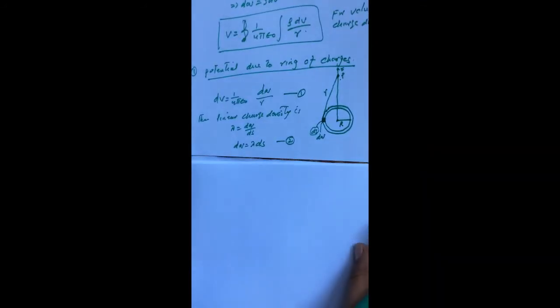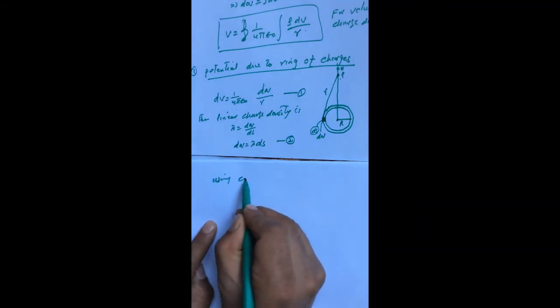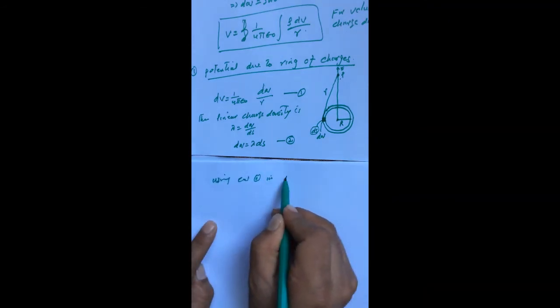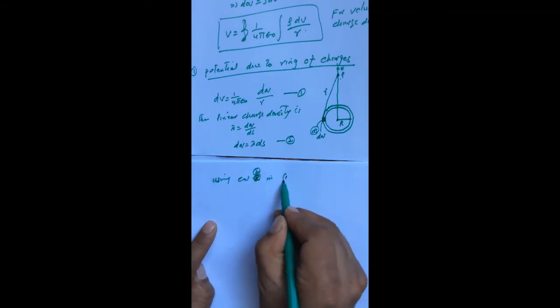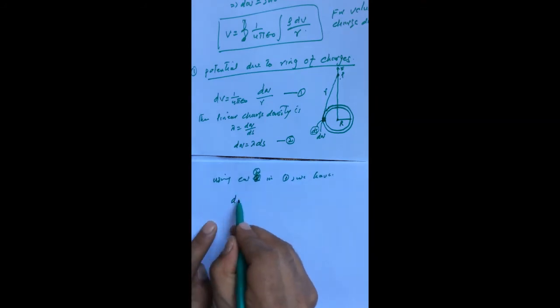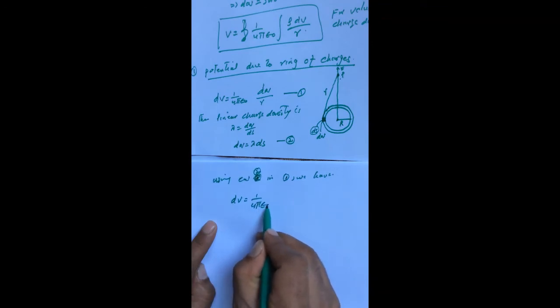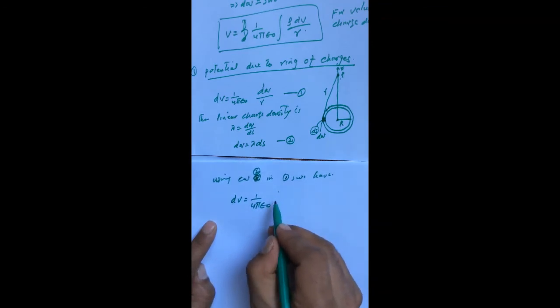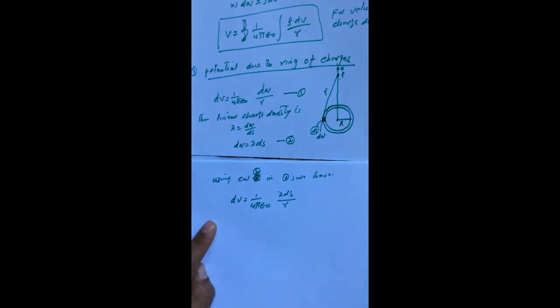So using equations 2 and 1, we have dV is equal to 1 over 4 pi epsilon naught lambda ds over r.